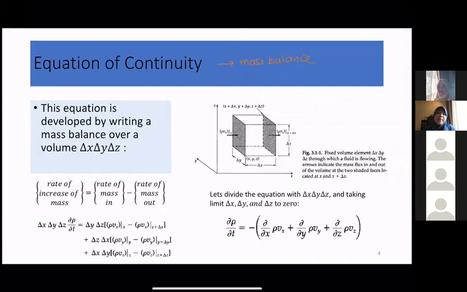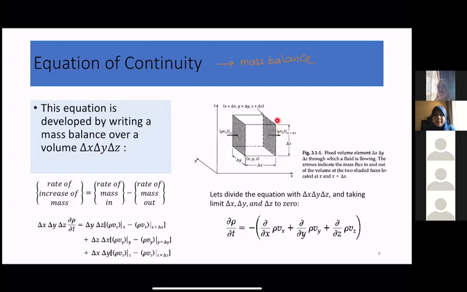So let's consider a Cartesian diagram, where we consider this fixed volume element. It has a length of delta x, and also like a cube here, delta y, and also the height of delta z.